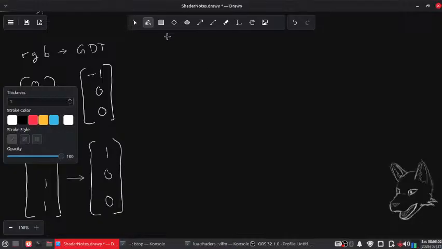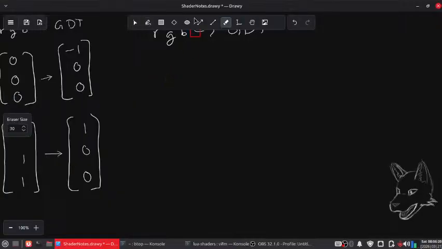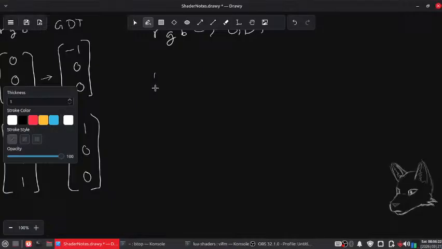So to go from RGB to GDT, we do M times the C minus 0.5. Right?